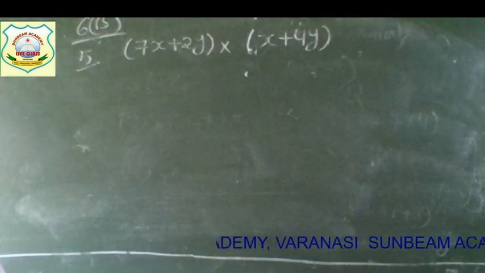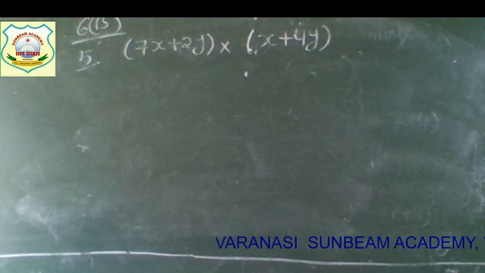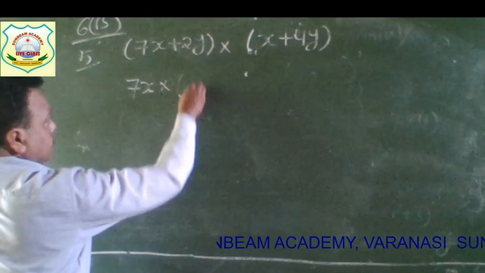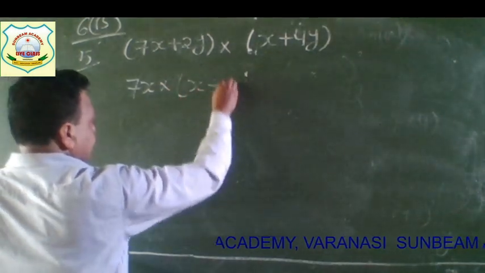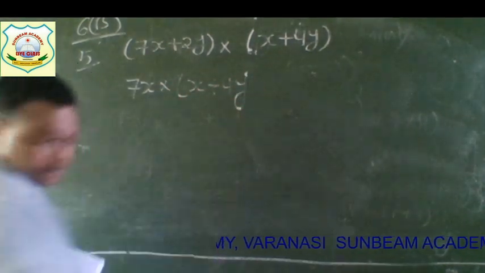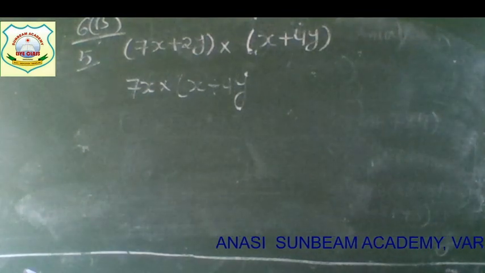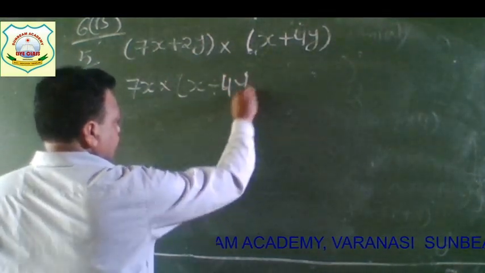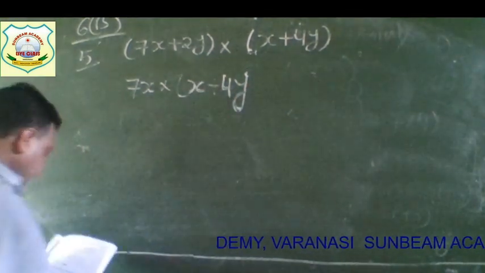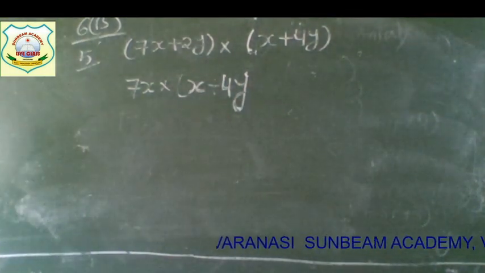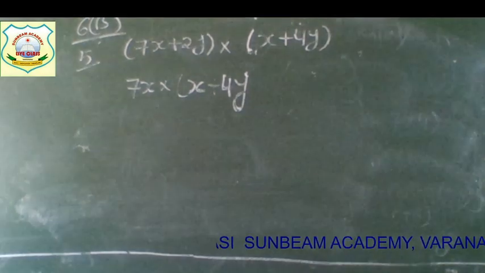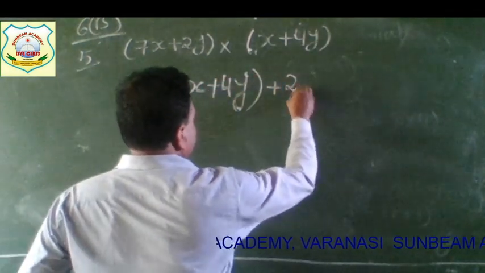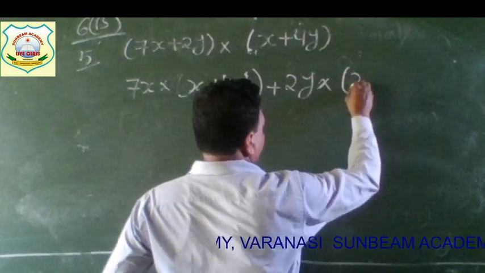The similar process here: 7x multiply (x + 4y), then plus 2y multiply (x + 4y).